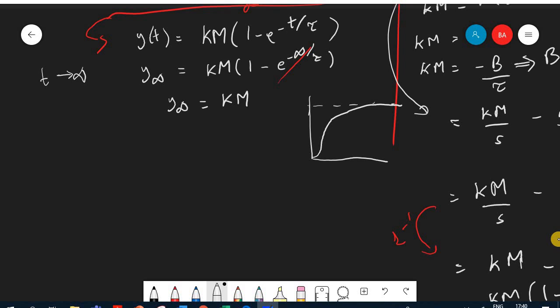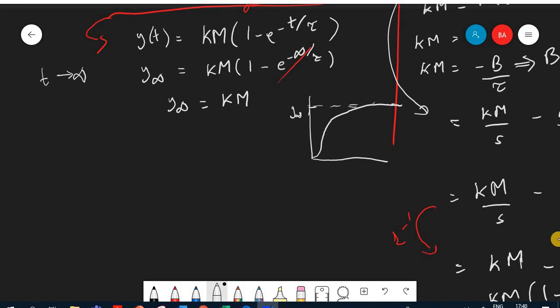If I open the valve from 20 to 30, the change m is 10. So I multiply 10 with the sensitivity, and I will know the final value. That is the beauty: I can know the new steady state value, the y infinity here.